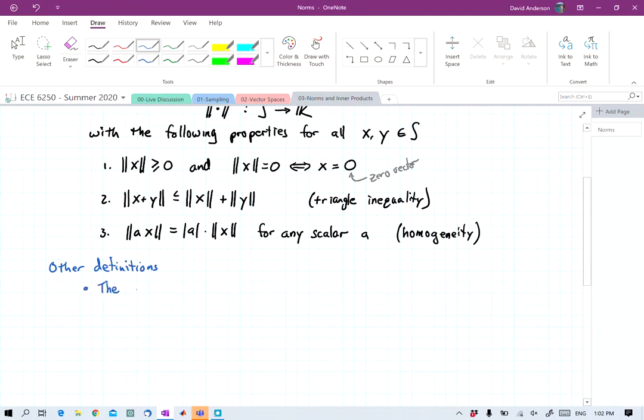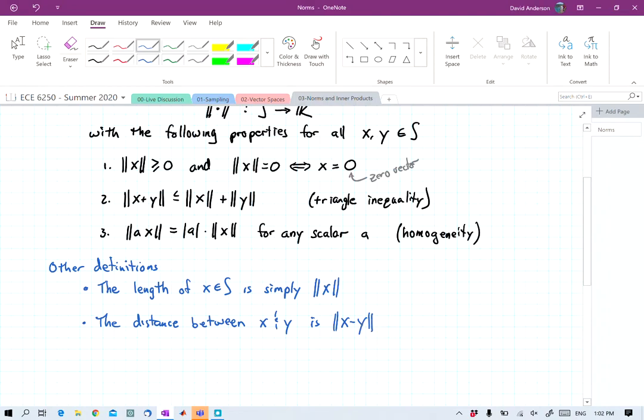We often talk about the length of x, and for a particular norm, the length is just, well, the norm. The distance between two vectors, they're also in S, but I'll just leave that off right now, because by this point we understand that is x minus y.